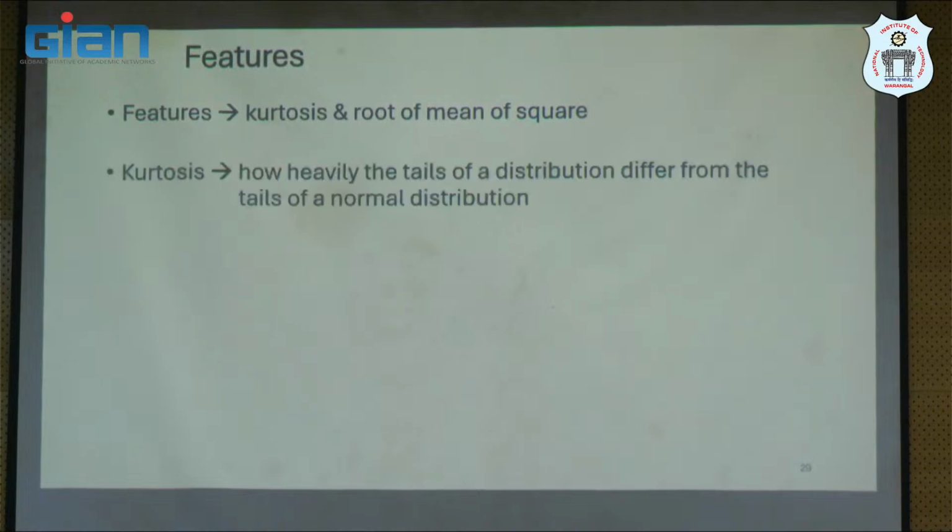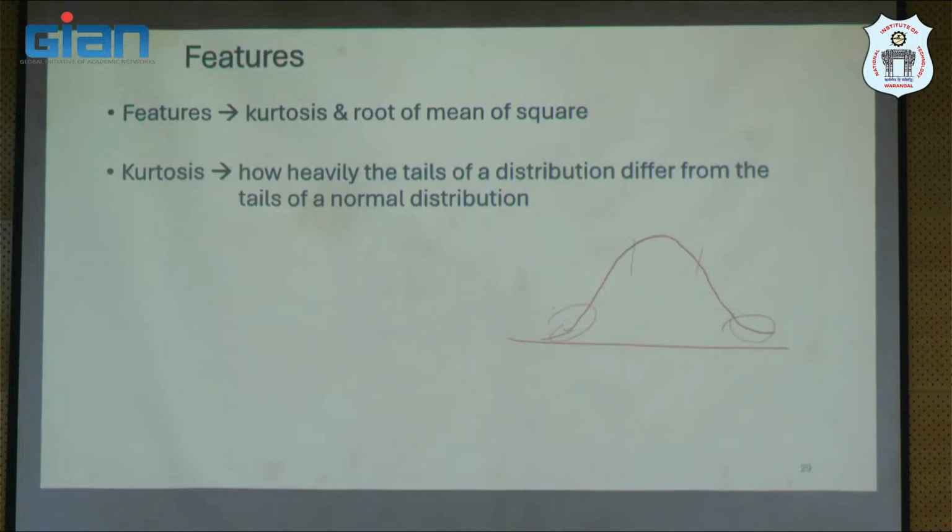But kurtosis, so what is kurtosis? If you have normally distributed data, a bell-shaped curve, right? You know how many will be in the tail end compared to the midpoints or the mean.